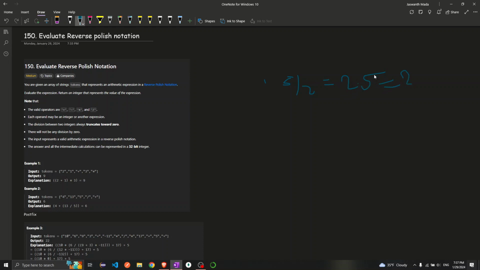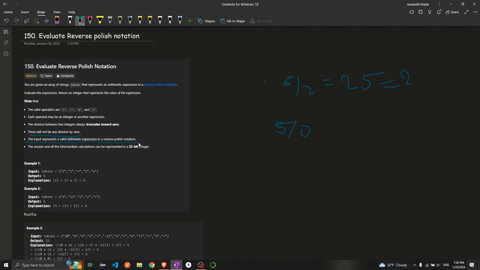It will ignore the fractions. And there will not be any division by 0, meaning you will not encounter any 5 by 0 or 10 by 0. The input represents a valid arithmetic expression in reverse Polish notation.